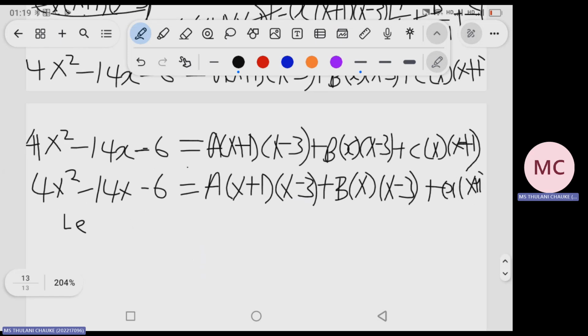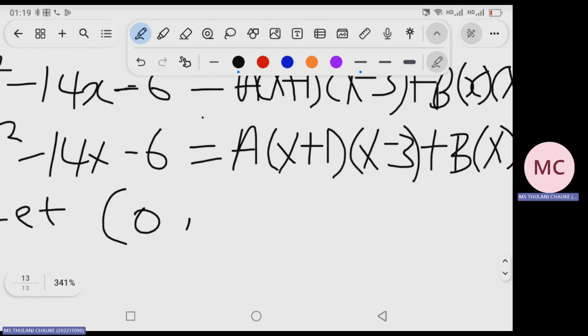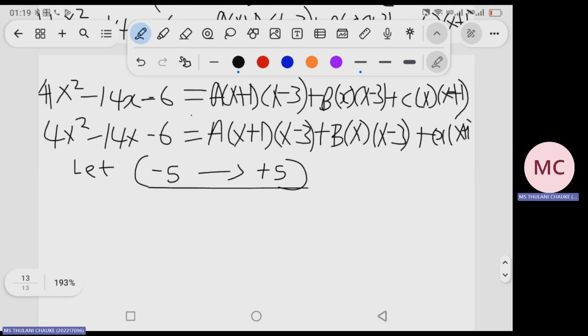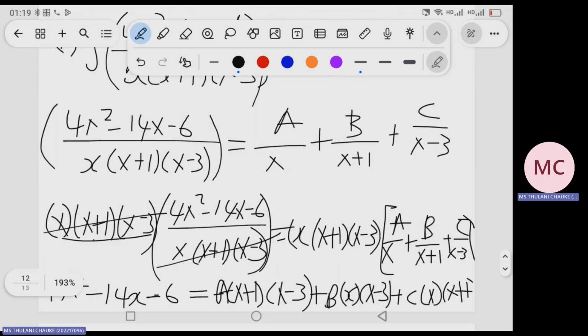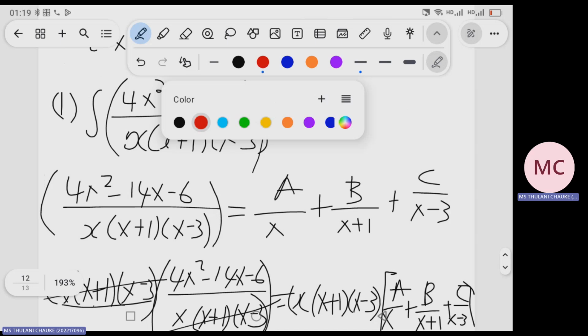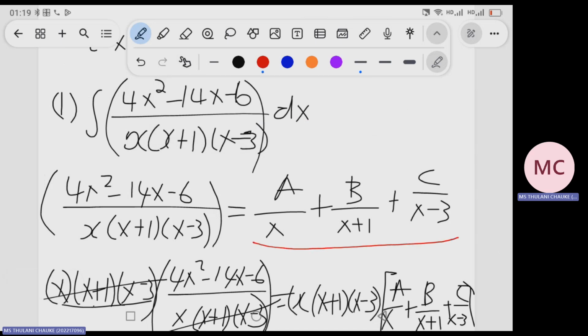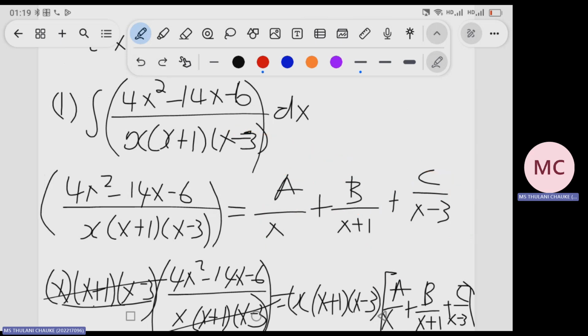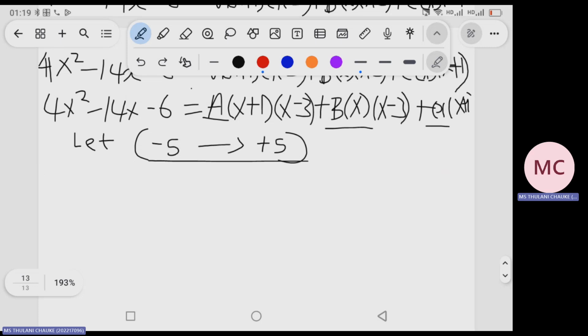So what we'll do here, in most cases, we'll just let x be numbers between -5 and +5. You'll be able to get the unknowns, which are a, b, and c. Remember, the aim of doing that is so that we can have something equivalent to this. We want to get these values so that we can take this and replace it there. I hope that's clear. Then let's move.